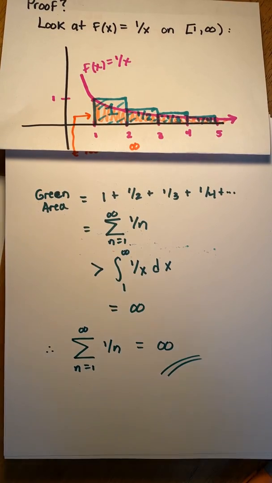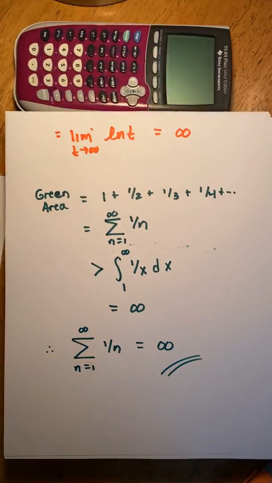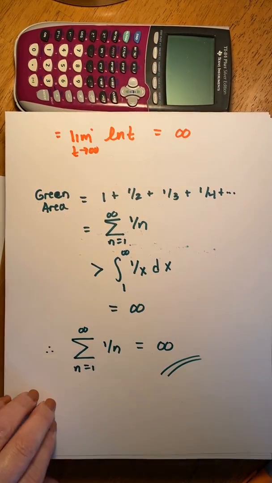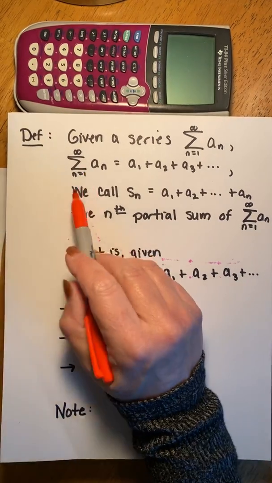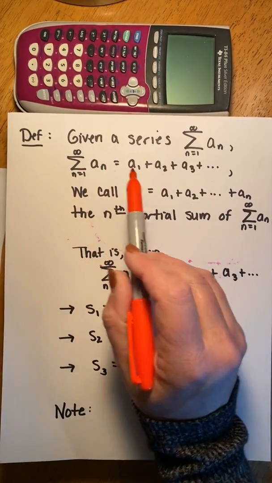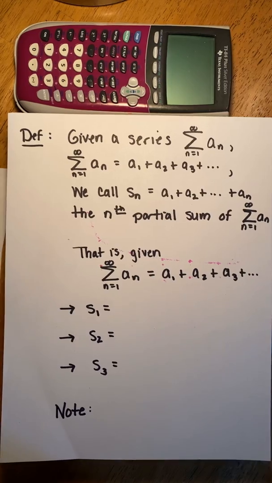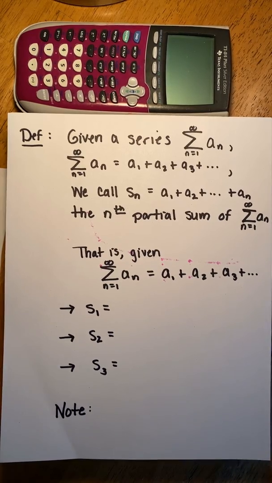All right, let's move on to the formality of this stuff. Given a series, which is the sum of the terms of a sequence, so the series from 1 to infinity of a_n is a1 plus a2 plus a3. We're going to look at what we call the partial sums, and how the partial sums behave determines how the overall series behaves.